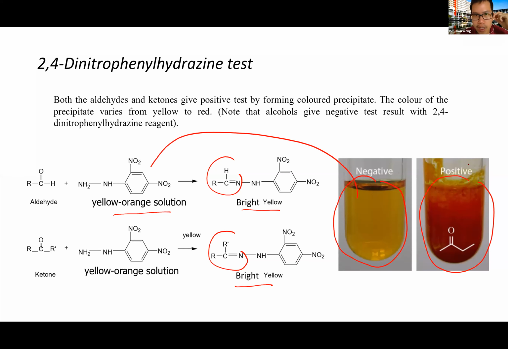So in this case, you should expect unknown A and unknown B to have this change in color. Seeing both of them, one is an aldehyde, one is a ketone, so you expect both to be positive tests.